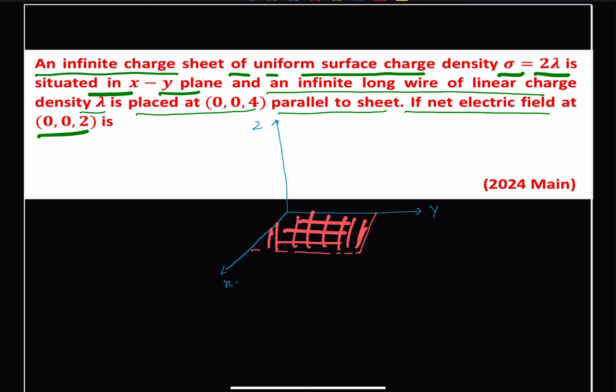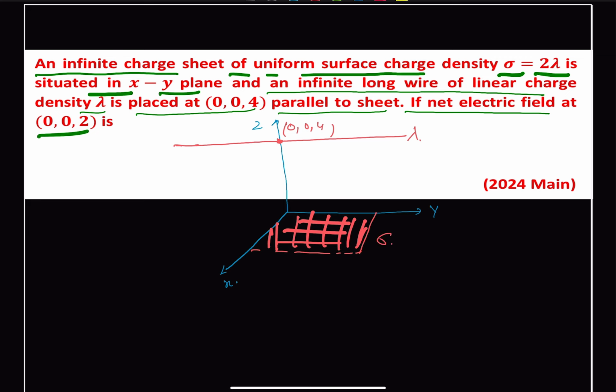And the long wire is placed at 0, 0, 4. So this is the infinitely long wire. Charge density is given as lambda, and sheet surface charge density is given as sigma.